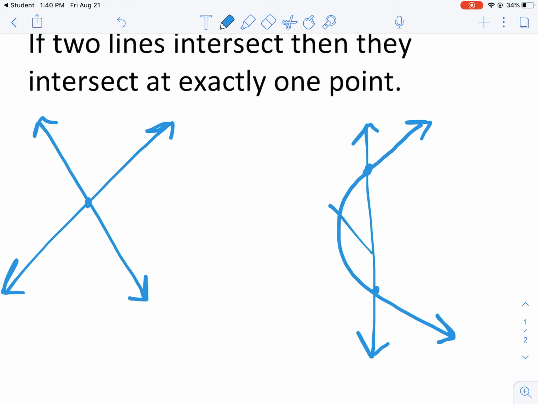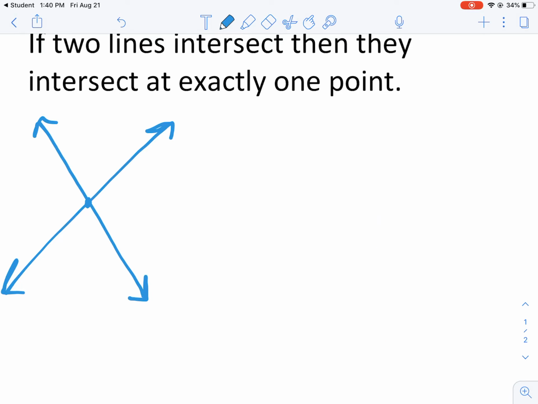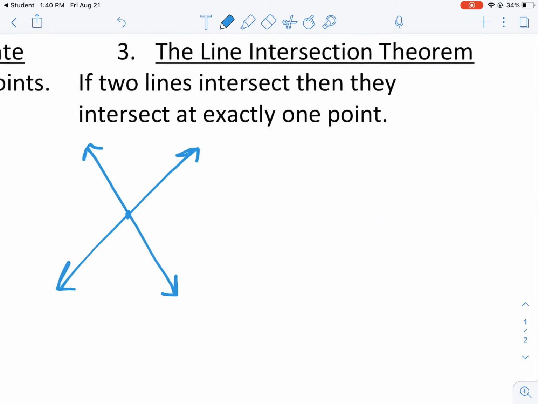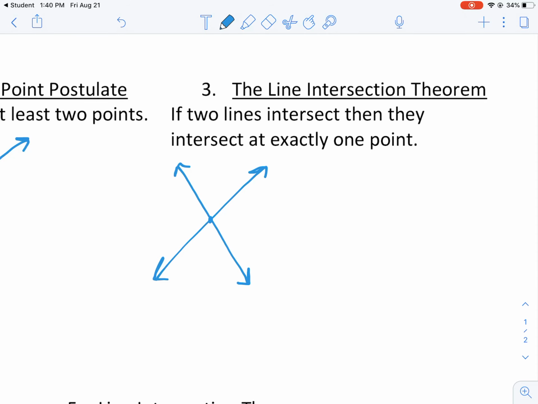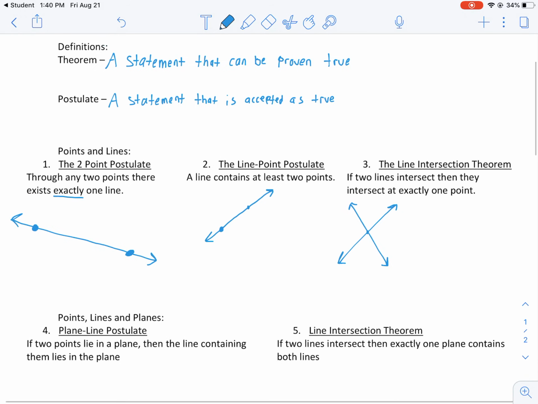It's not a line. So there's no possible way for you to draw 2 perfectly straight lines and have them intersect more than once. So these are three postulates and theorems to do with points and lines.